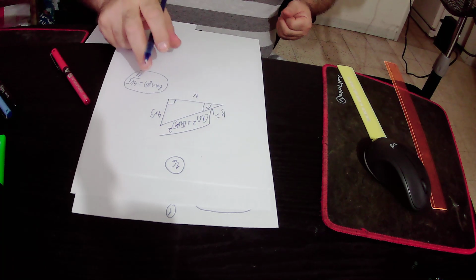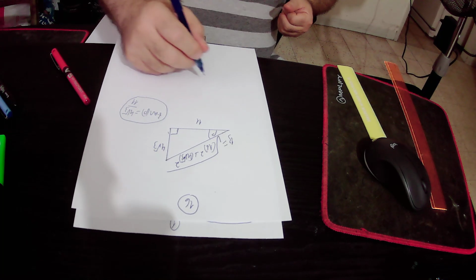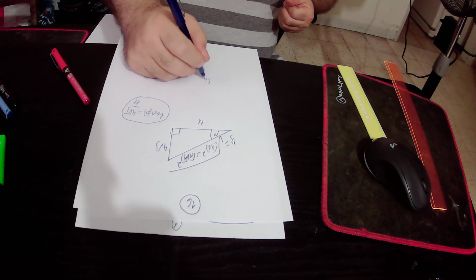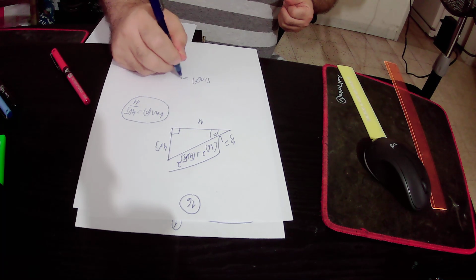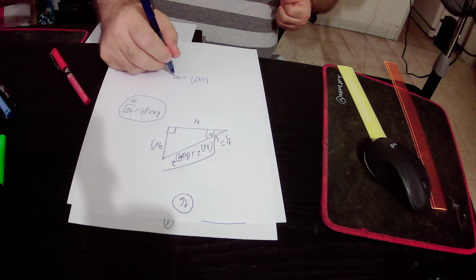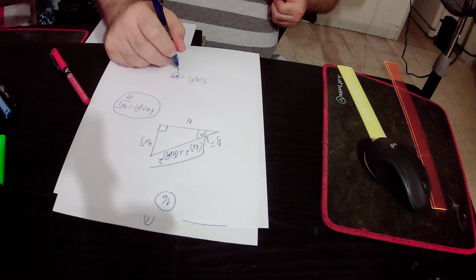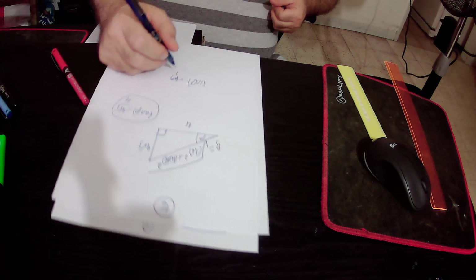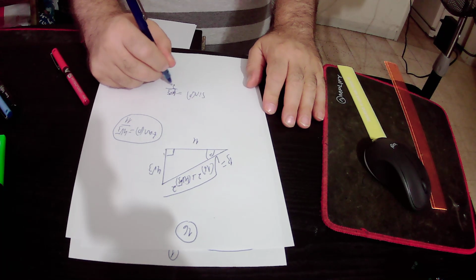So the hypotenuse of this triangle equals 13 units, and sine P will be equal to 4 times root 3 over 13.